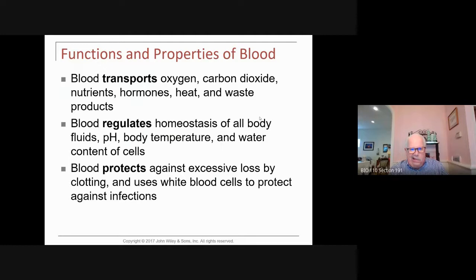It regulates homeostasis of all body fluids, the pH of your blood, your body temperature, and the water content of cells. It also protects you from excess loss of blood by clotting. It also protects you from infections, and that's the function of the white cells. That's extremely important to understand.